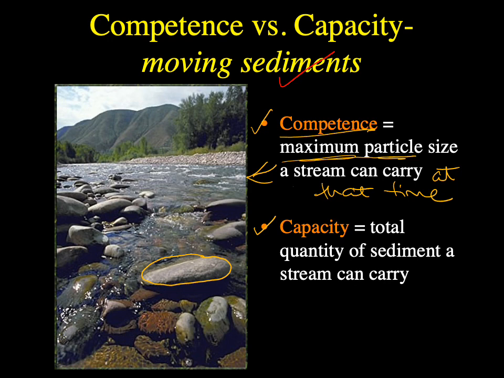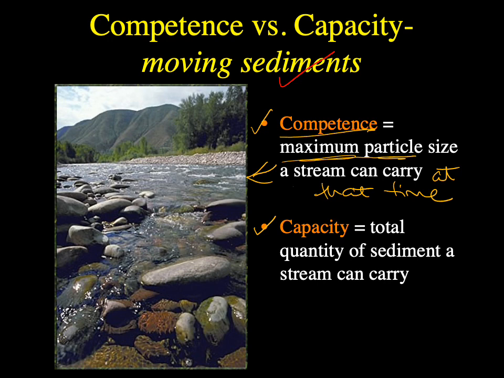But at this time, is this river under these conditions carrying these particles? No, it's not right now. But at some time in this river's history, it was able to move some of these really big cobbles. So at one time, the river had a competence where it could move really big particles. However, that time is not right now because you'll notice you're under very low flow conditions. So competence is the biggest particle that a river can carry.